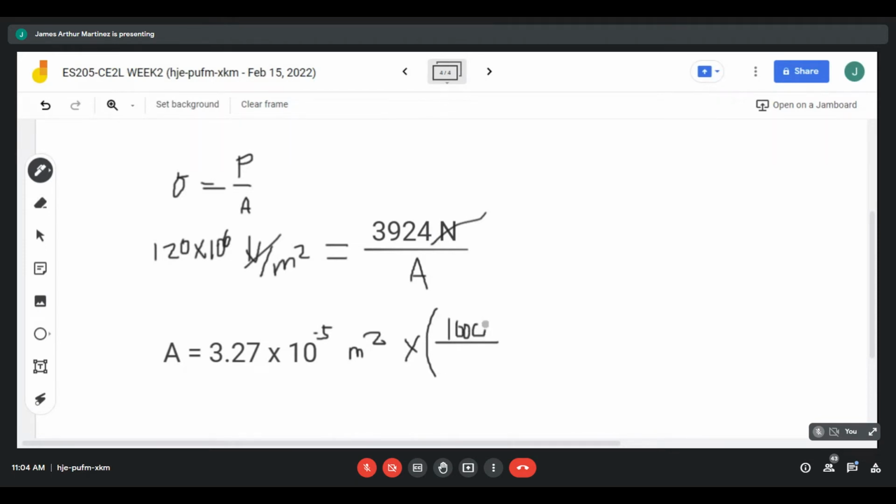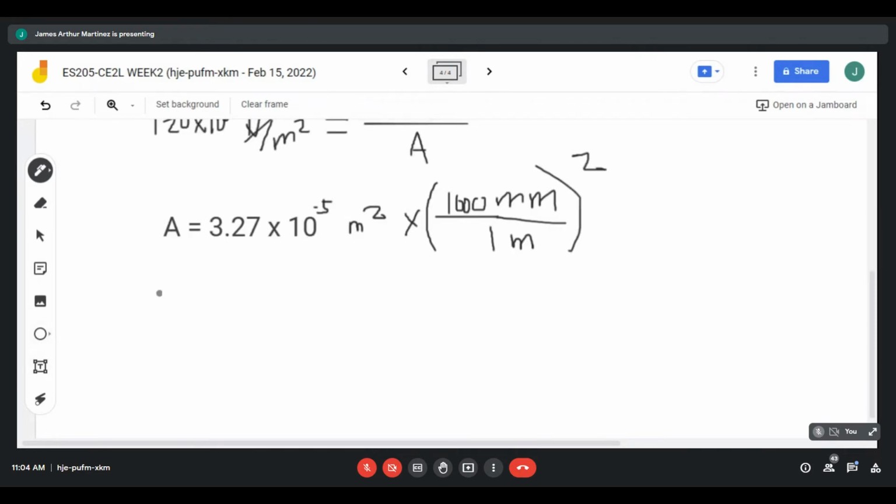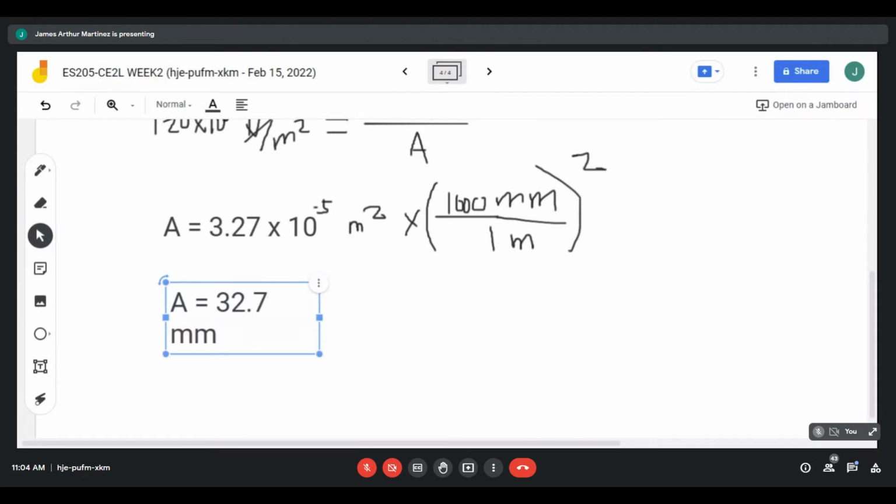Let's convert it in terms of millimeter. So you'll have an area for steel of, I mean, 32 rather, sorry, 32.7 millimeter squared.